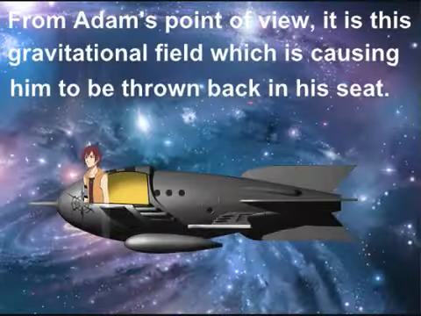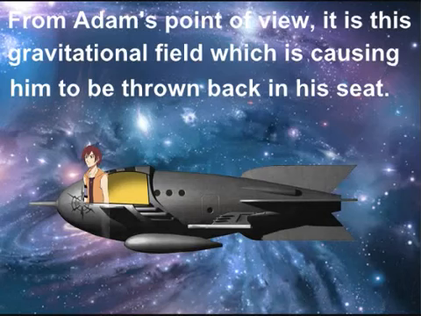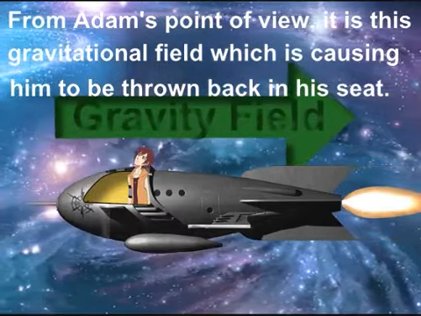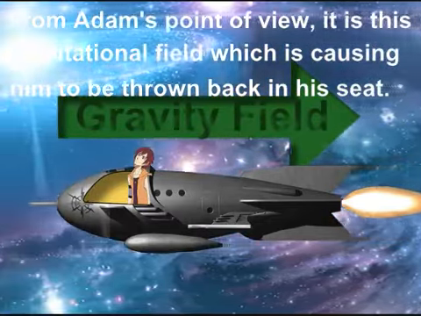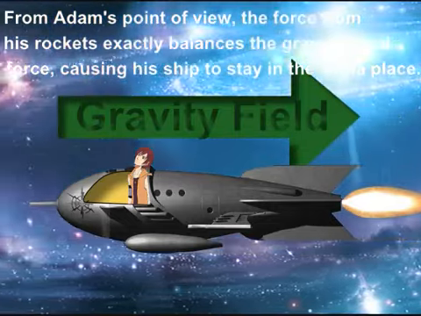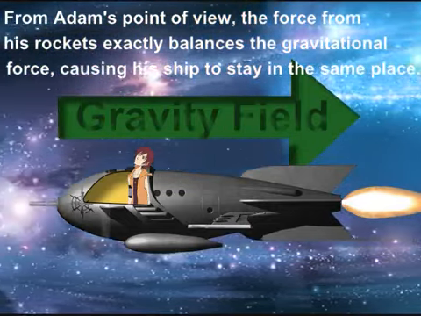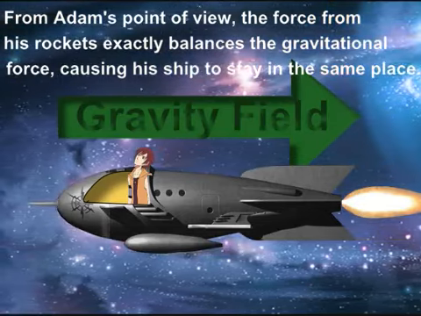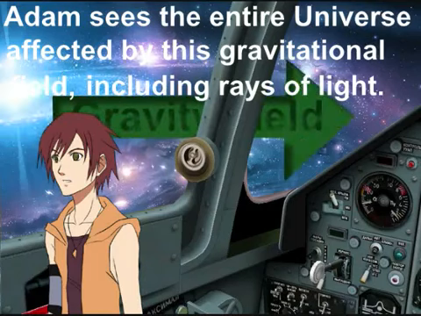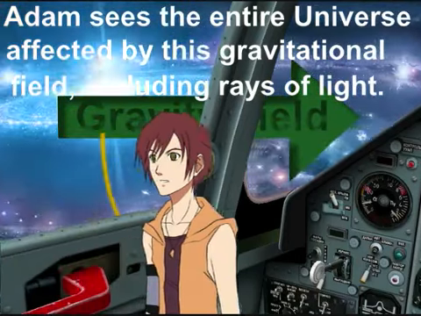From Adam's point of view, it is this gravitational field which is causing him to be thrown back in his seat. From Adam's point of view, the force from his rockets exactly balances the gravitational force, causing his ship to stay in the same place. Adam sees the entire universe affected by this gravitational field, including rays of light.